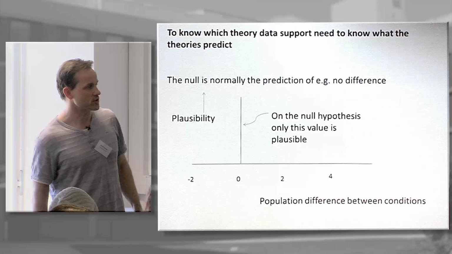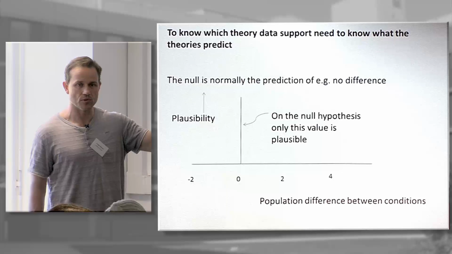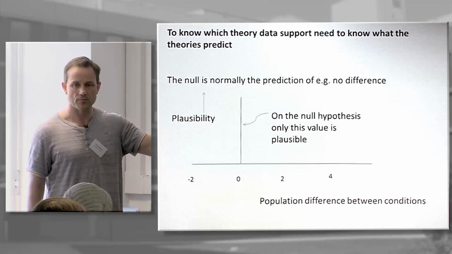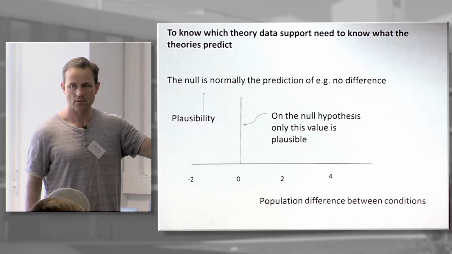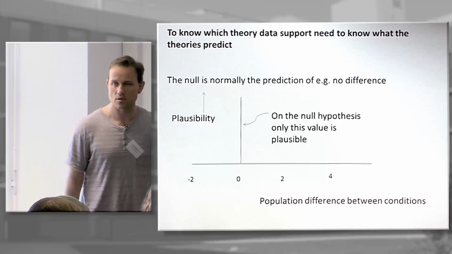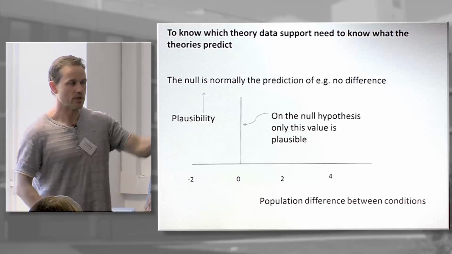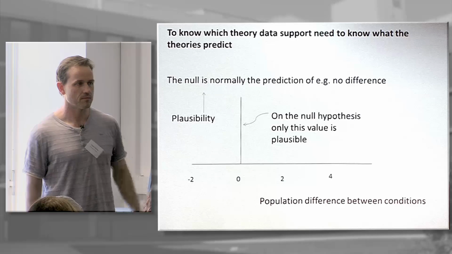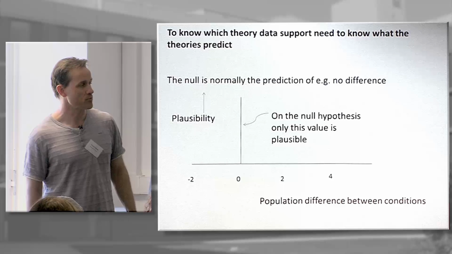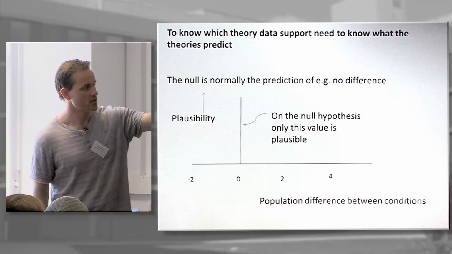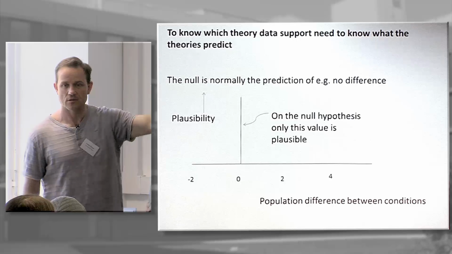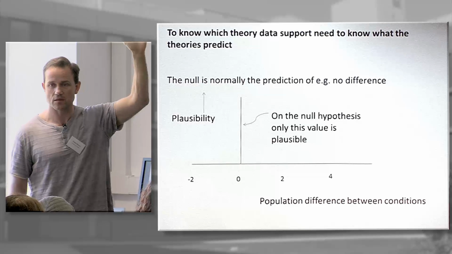Now, what the null hypothesis says is there's only one plausible, indeed only one possible population difference, and that's 0. I mean, it could be something else, but let's just say 0. The null hypothesis is saying the population difference is 0, and that's that. Okay? So we can represent that as a spike there at 0, saying that's the plausible value.